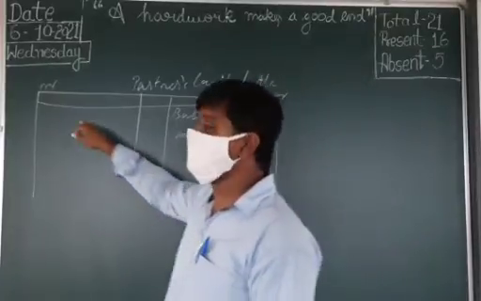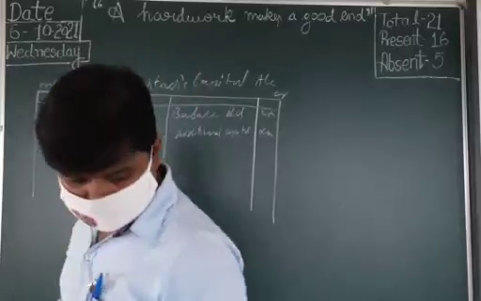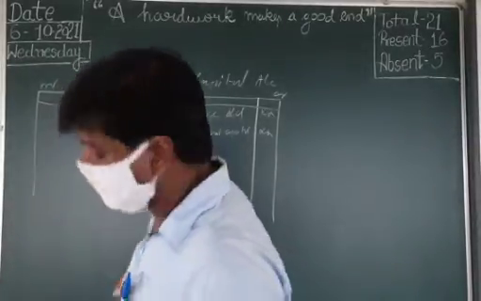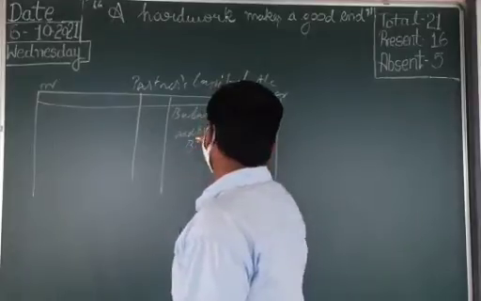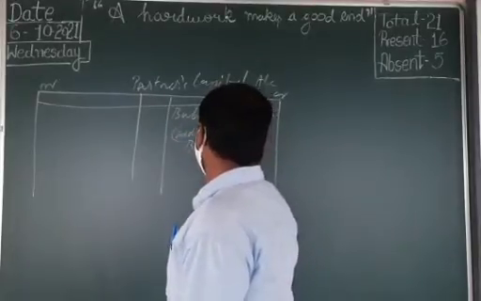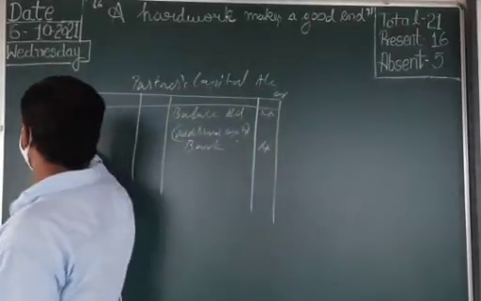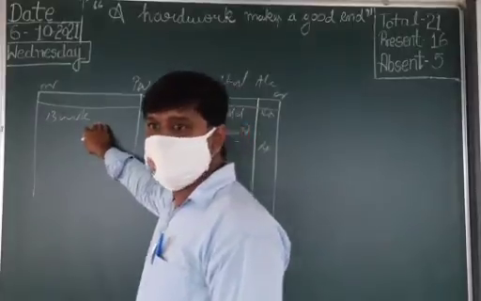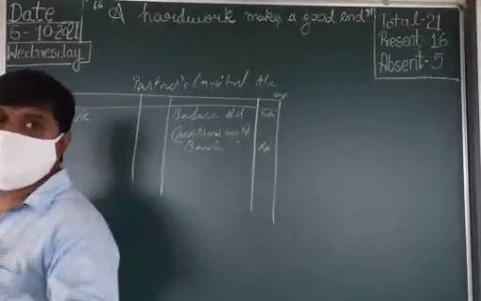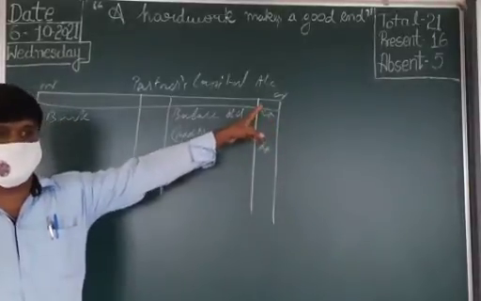Next to this side, what will come? Bank. Here also it is bank. The partner's name is under bank. Here also the bank. This is the withdrawing amount, that means permanent withdrawal, withdrawing from the main capital.